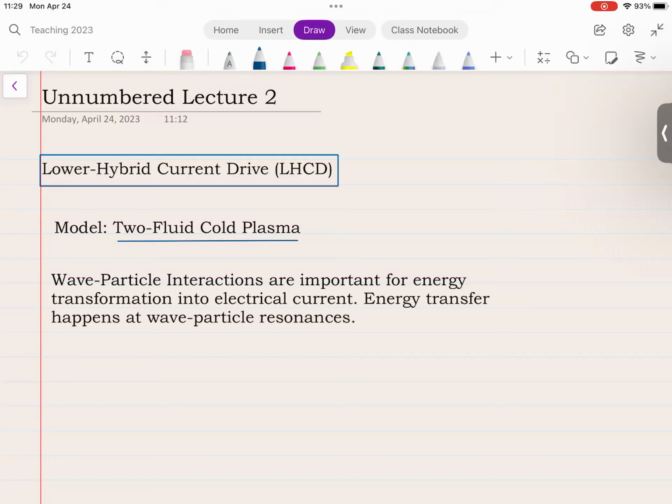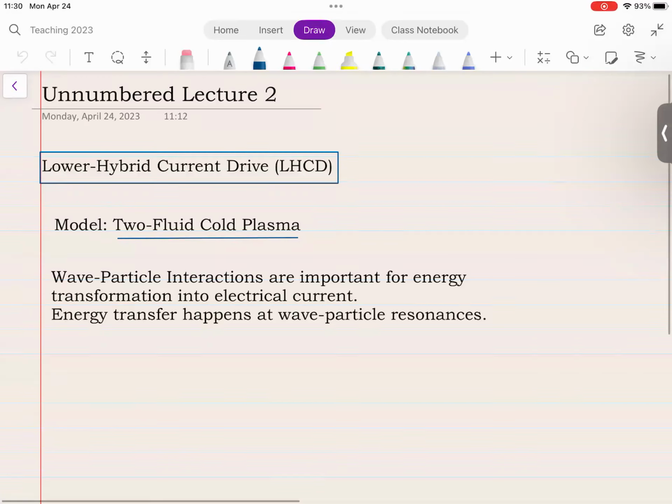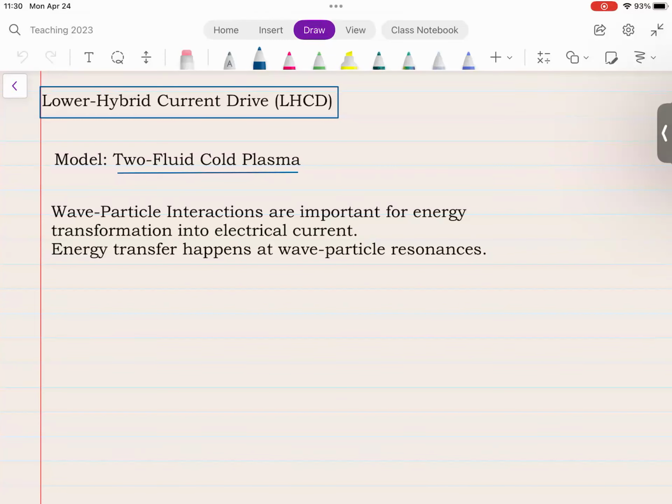We are not going to get into any details, but the condition for wave-particle resonance is that the frequency of the wave must be equal to k parallel v parallel plus l omega cyclotron, where l is an integer.